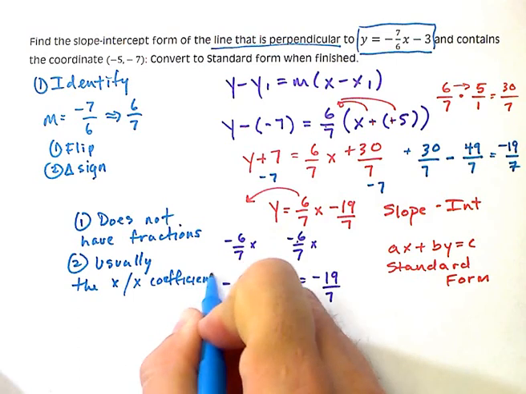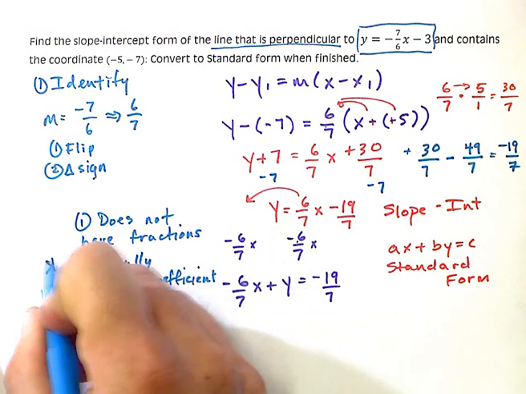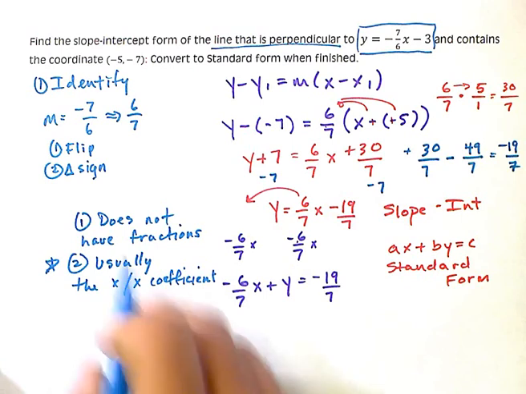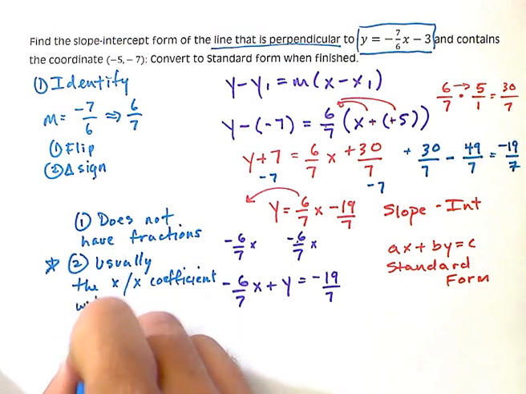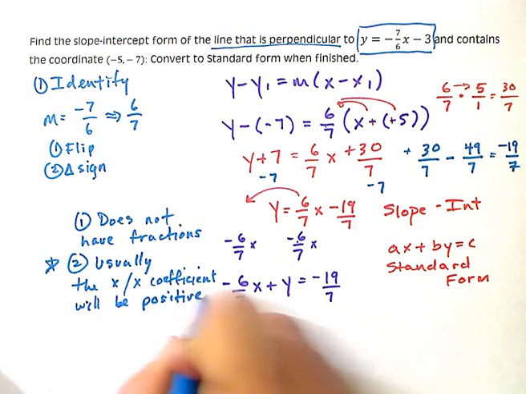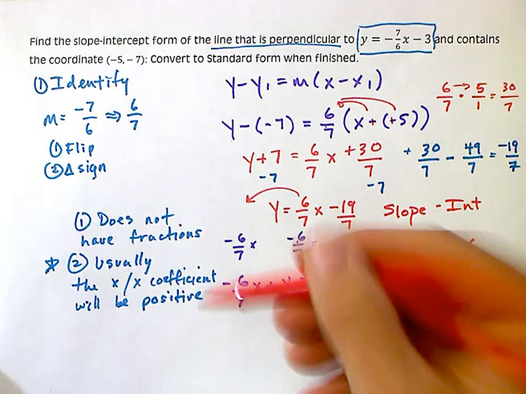This is a funny rule you've got to pay attention to, that the x usually will be positive, okay? So let's do a couple things. One, I should have given myself a little bit more space here.